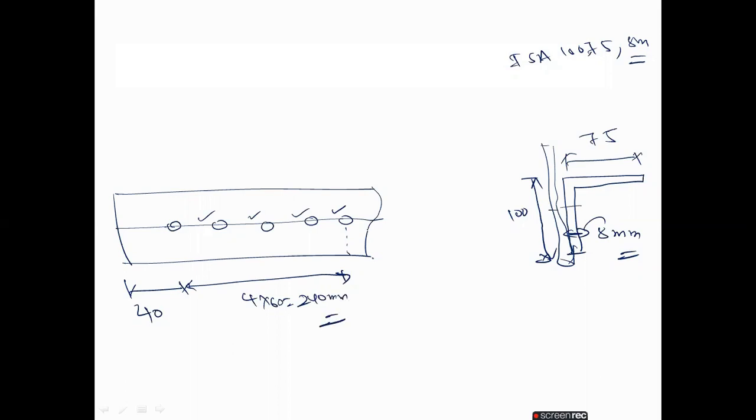And one more important thing, the value of this distance is around 40 because of the edge distance. Okay, this is the angle, and we have to provide the bolts here. The next step is checking the design.